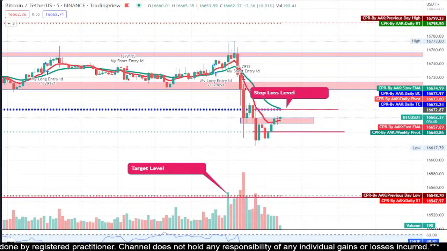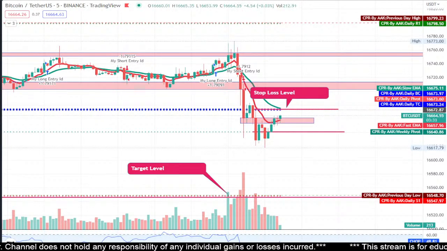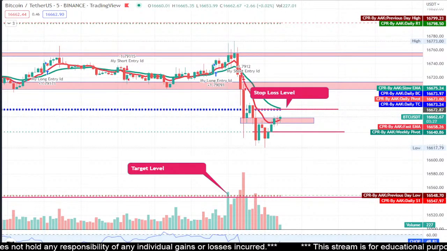Because the movement is really very slow and the candles are very, very small. If we talk about the current candle, it's a 5 minute candle which has given a total move of approximately $12. $12 is the total price movement for this particular candle.